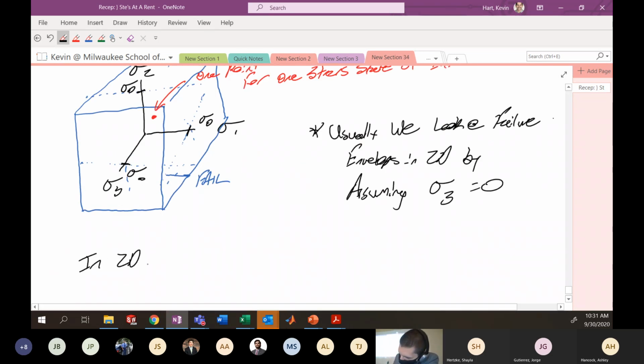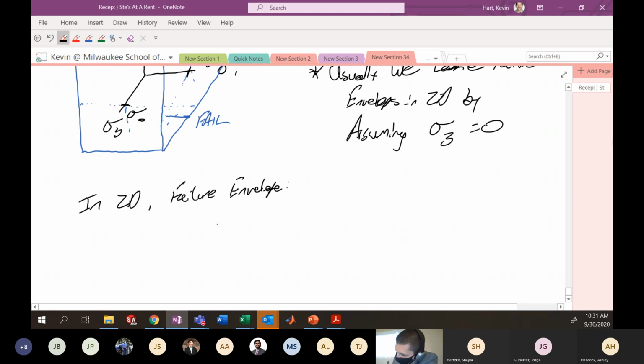In 2D, the failure envelope looks something like this. Again, we're plotting in 2D with principal stresses sigma 1 and sigma 2. And we're going to indicate in this two-dimensional space, hopefully it's a little bit more clear this way.